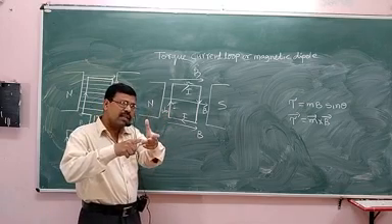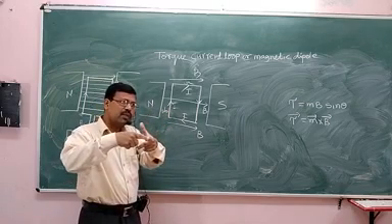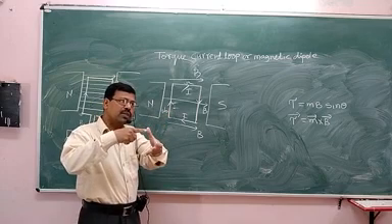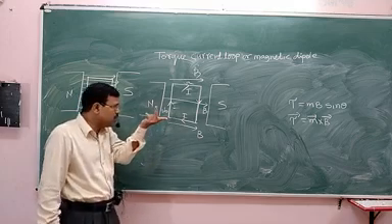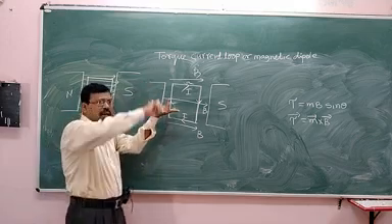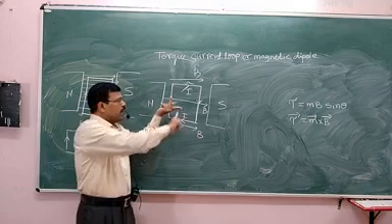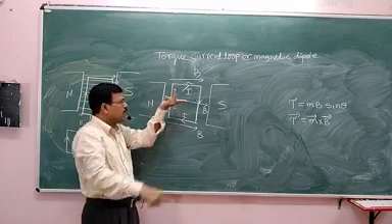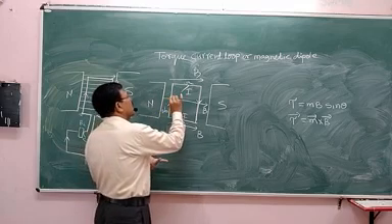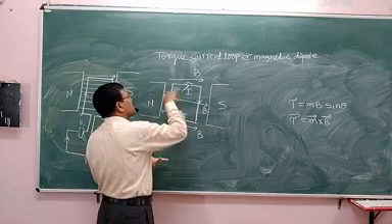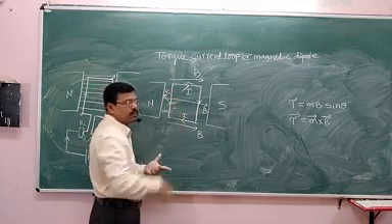Central finger shows the direction of current, forefinger shows the direction of magnetic field, thumb shows the direction of force. Now hold these three fingers according to the situation. The current is upward and the magnetic field is north to south, and the direction of force is downward. This is a downward force.